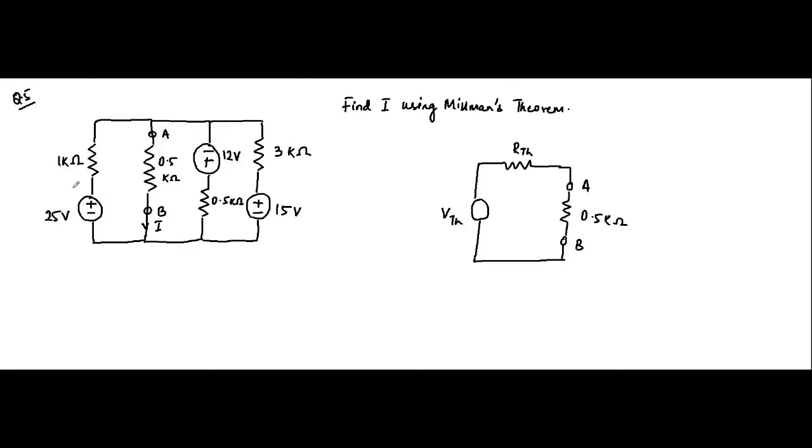So here this will be V1, 25 volt, R1 will be 1 kilo ohm, V2 will be minus 12 volt. Pay attention to the polarity, it is minus plus. R2 will be 0.5 kilo ohm, V3 will be 15 volt, R3 will be 3 kilo ohm.